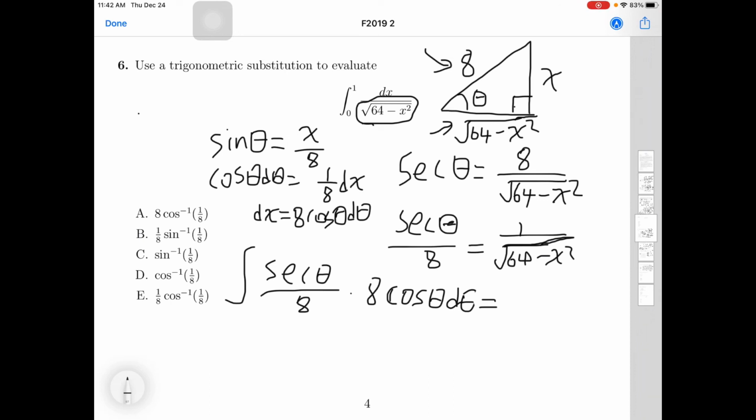Secant is 1 over cosine. So all of it would just be the integral of 1 d theta, which equals theta.